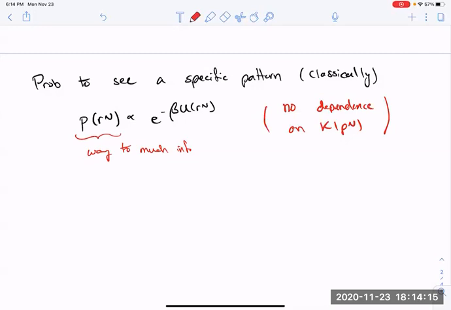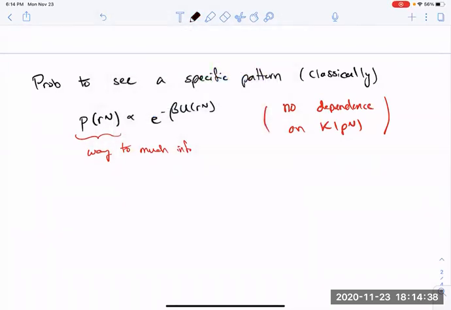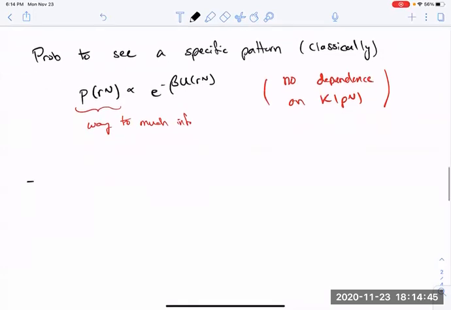If I want to know something about the structure of a fluid, I don't really care so much where every single particle is, but rather some measure of what their structure in aggregate looks like. So this is the probability in the full R to the N space.